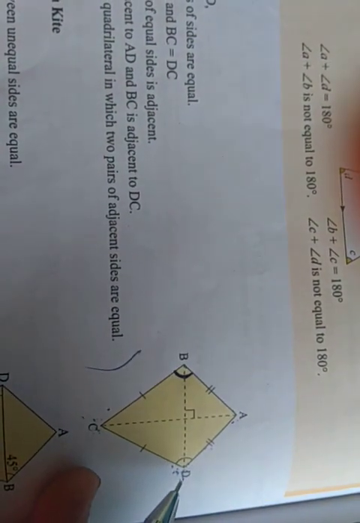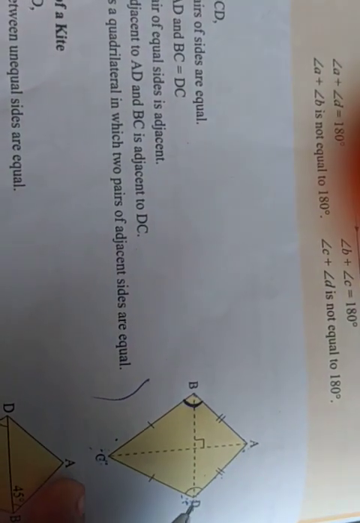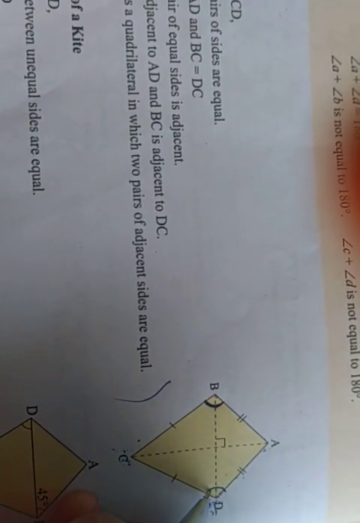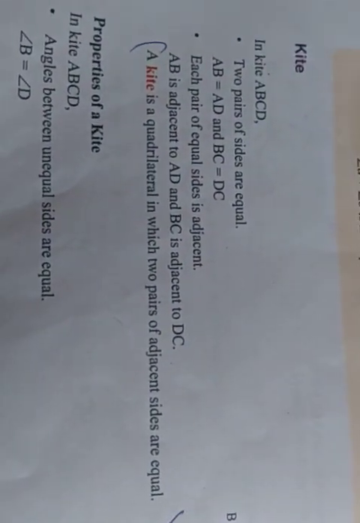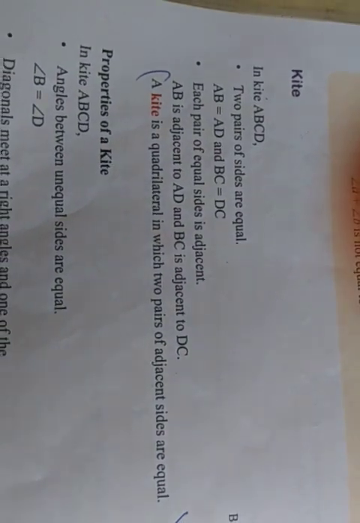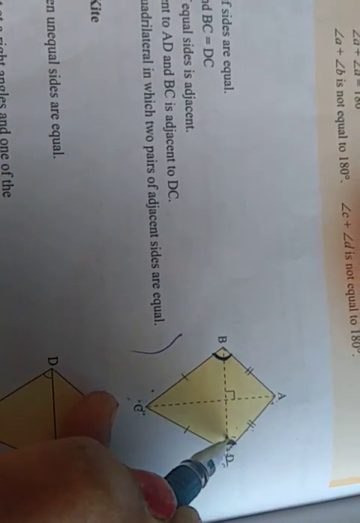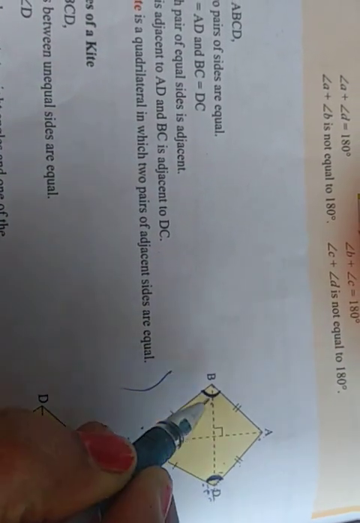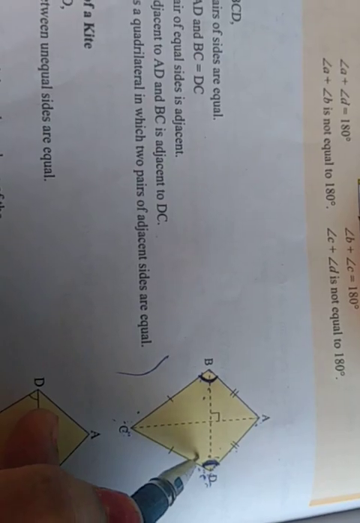And AD is not equal to DC; AD and DC are unequal sides. So their angle D, means angles between unequal sides are equal. So we can say angle B will be equal to angle D.